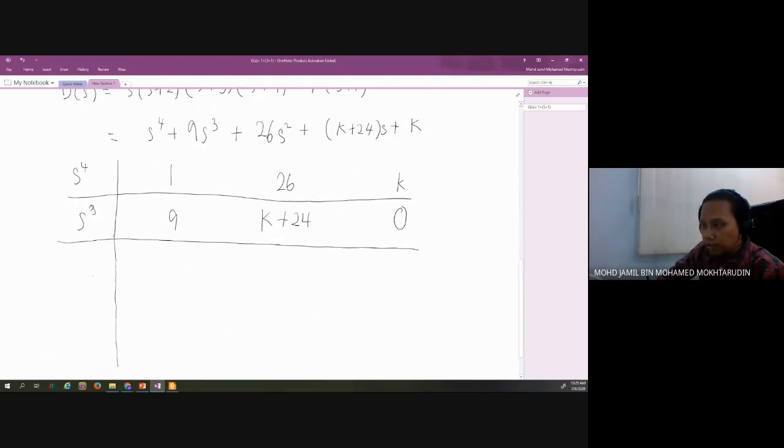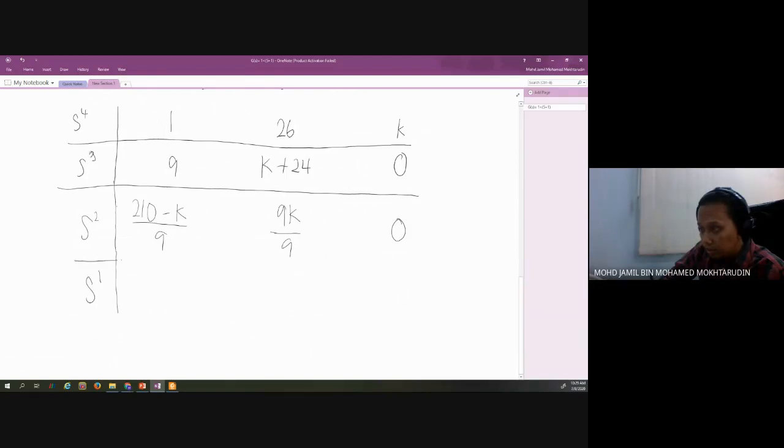And then you calculate for S2. So for S2, you can show it in terms of determinant or you can straight away simplify the calculation. So here, you will get 110 minus K divided by 9, and then here 9K over 9, 0.